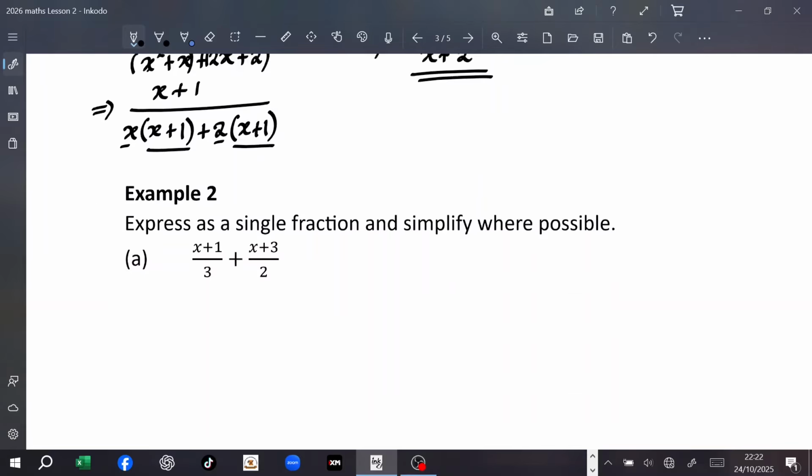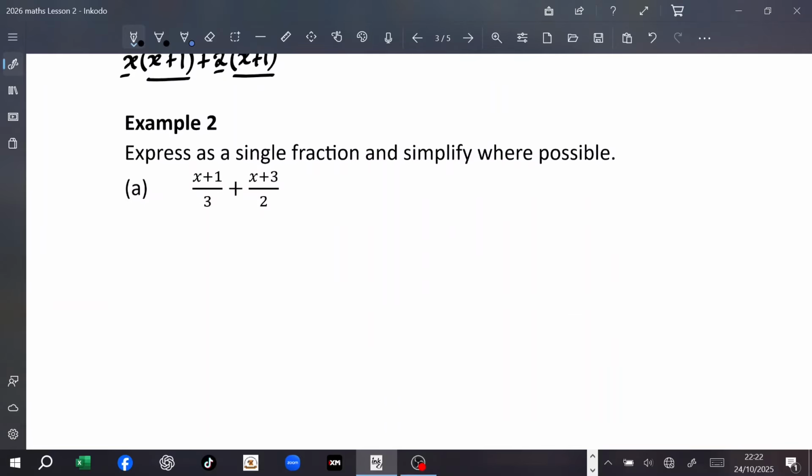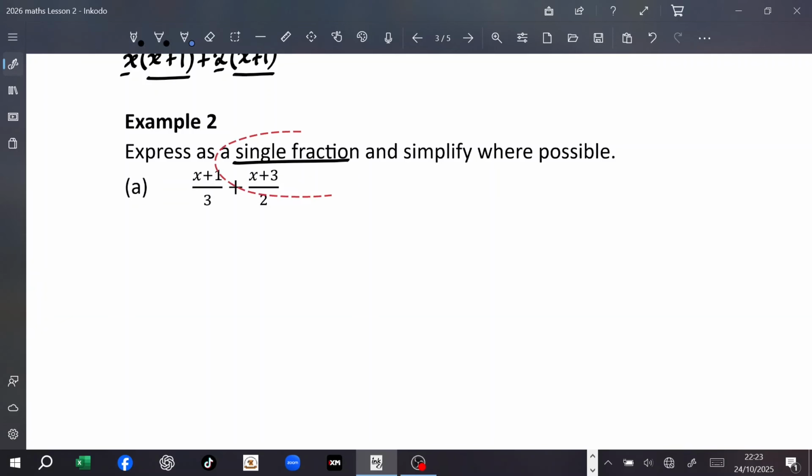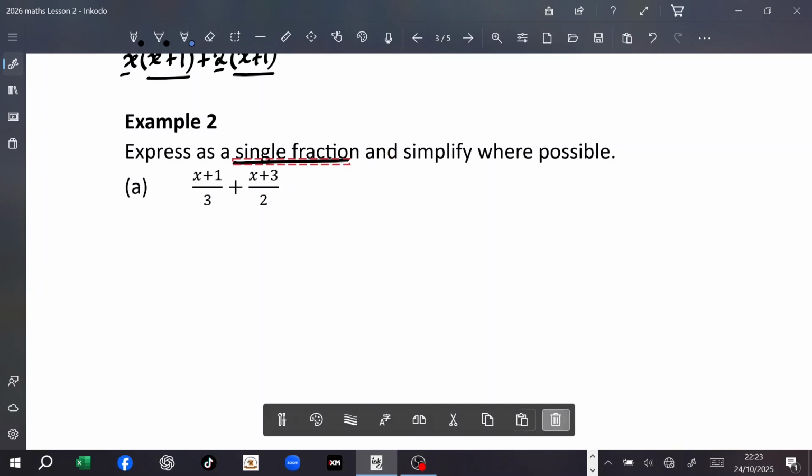Okay. Then we come to this one which says express as a single fraction and simplify where possible. So when they say express as a single fraction, it means that you have multiple fractions, either 2 or 3 fractions in whatever you have been given.